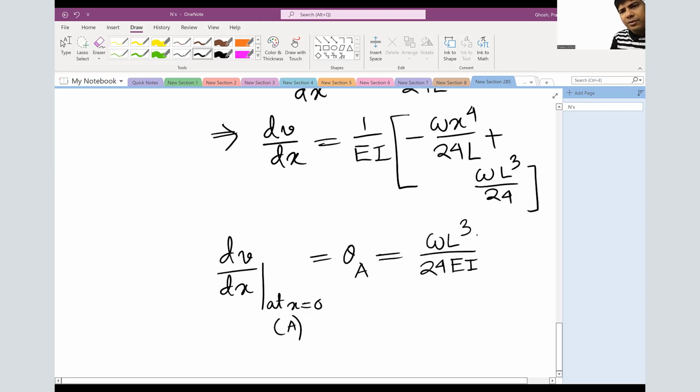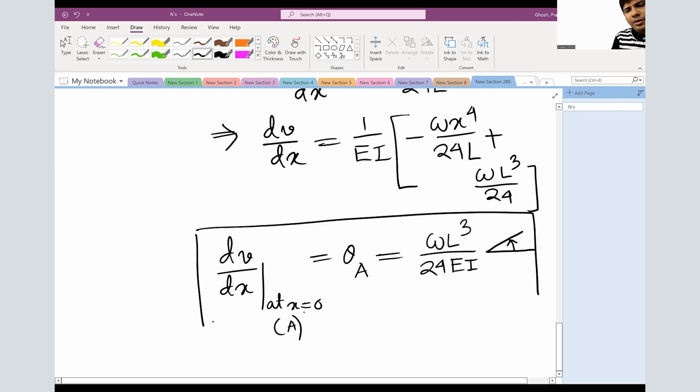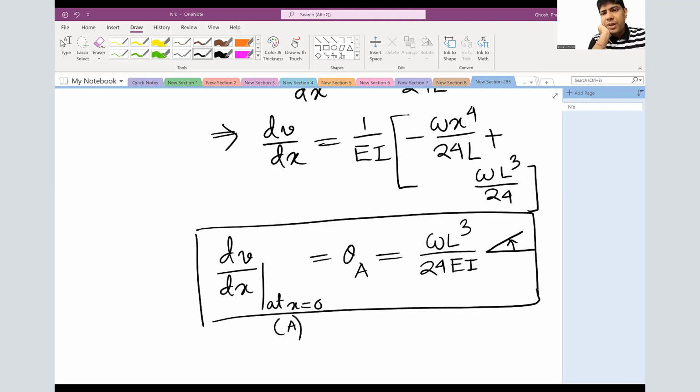We got a positive value, so that means it is going counterclockwise. So sign convention wise, if your slope is coming out positive, then it is counterclockwise. If slope is coming out negative, then it is clockwise.